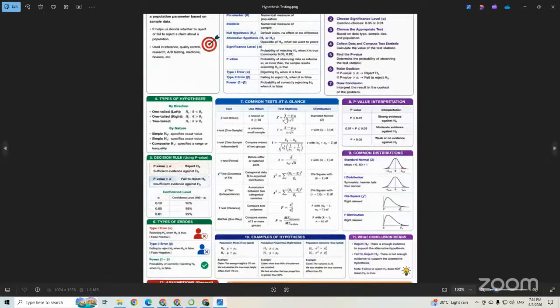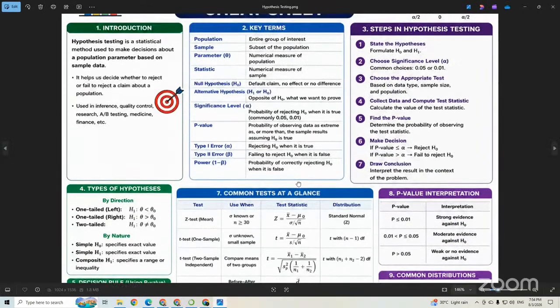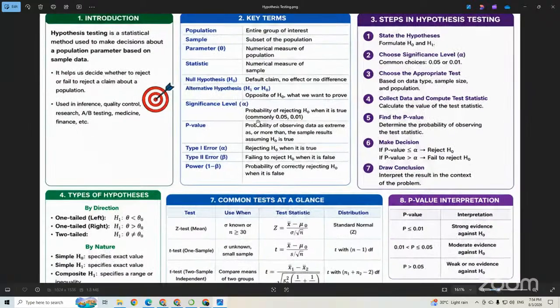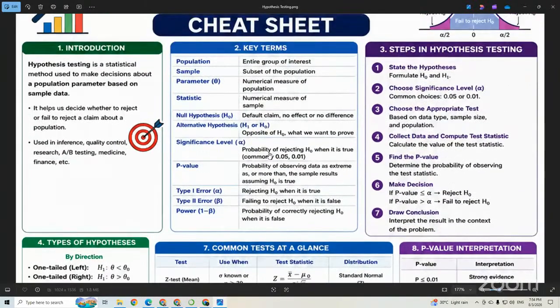hypothesis testing. These points will help us understand how we can apply hypothesis testing, what its meaning is, and what types of hypotheses there are.